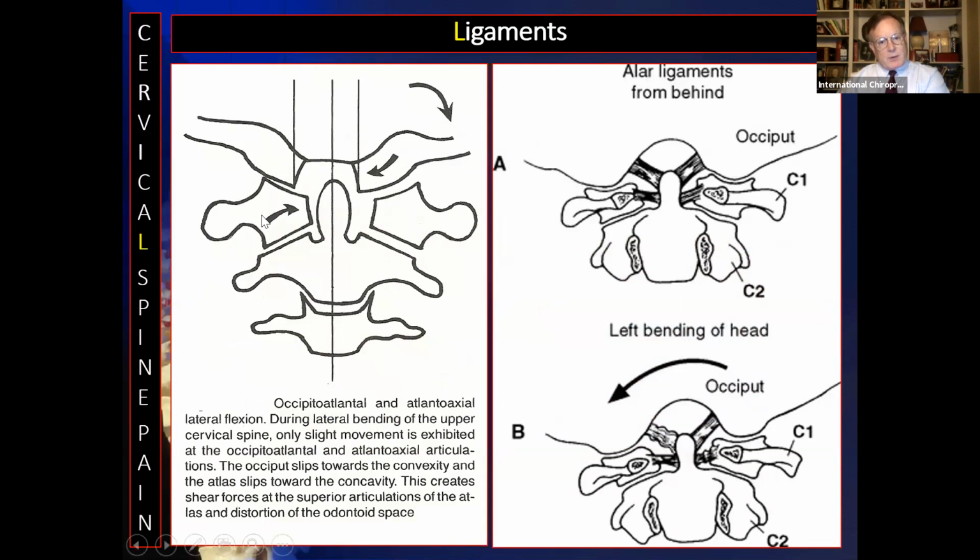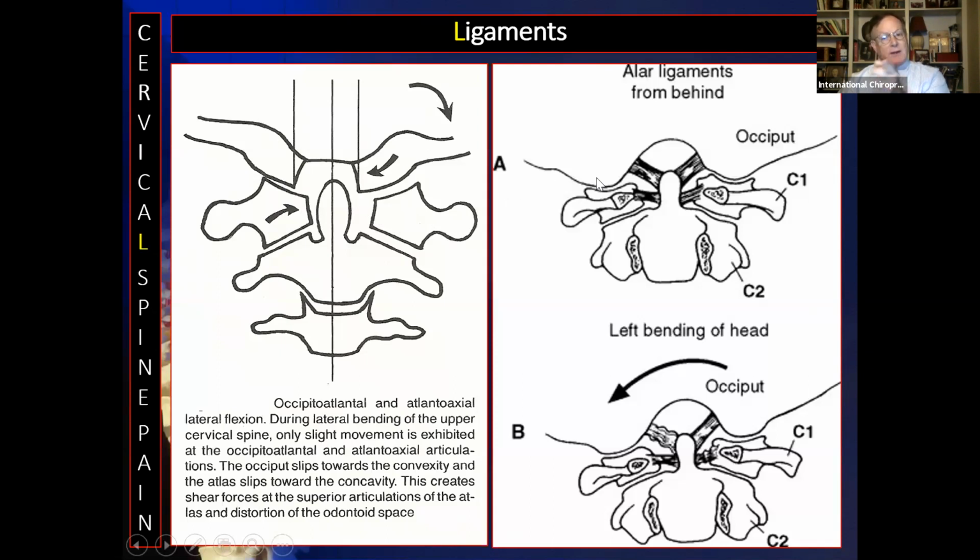This is going to compress C1 to push this way, because can you see how the wedge relationship here with stress out here is going to make this lateral mass move to the midline? So it's going to narrow the atlantodental interval on the left side and widen it on the right side as the C1 pushes this direction. And that's when you rotate the patient's ear to the right, or right head down position.